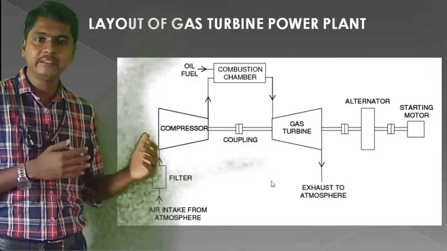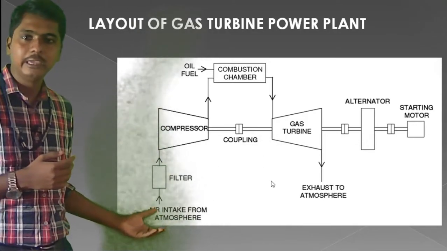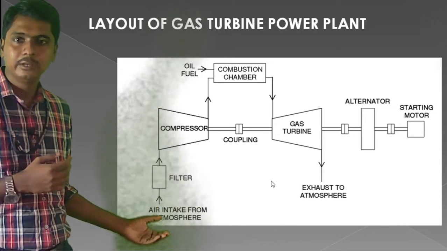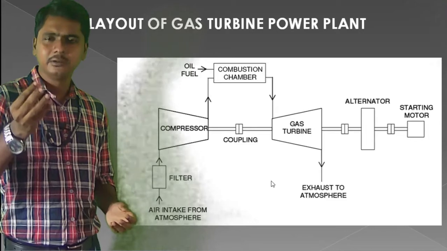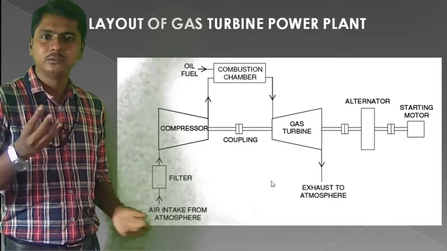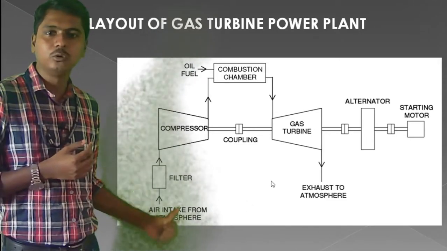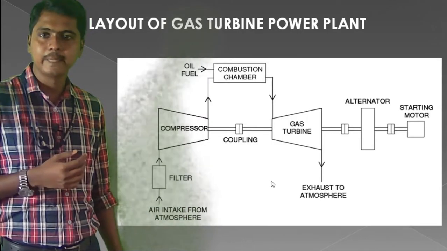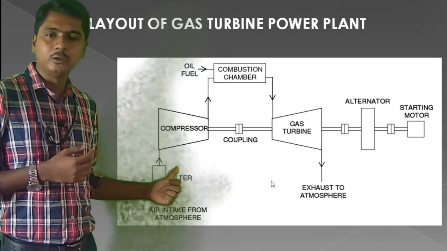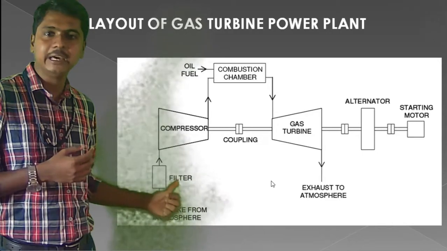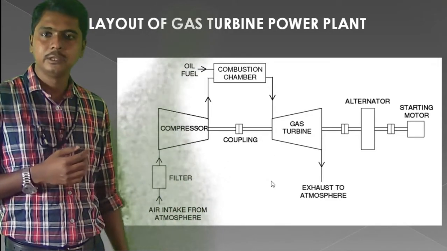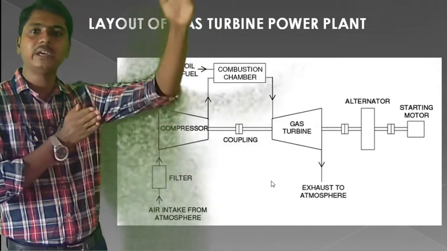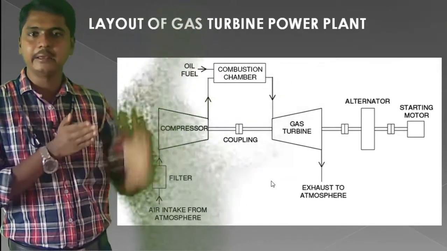Now what happens here? First it will take air from the atmosphere. Obviously, atmospheric air will contain some dirt and impurities, so that air is made to flow through the air filter. Then the low pressure and low temperature air enters the compressor, where it gets compressed to high pressure air.